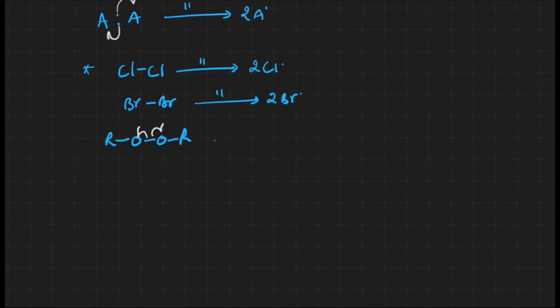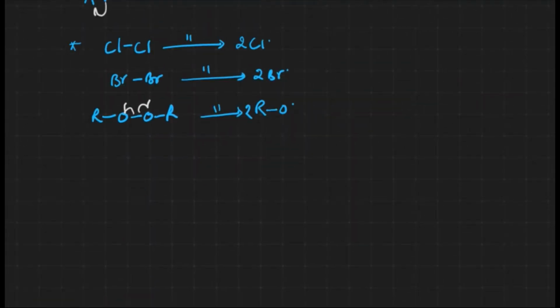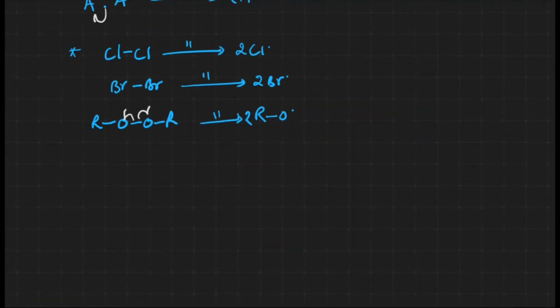It forms free radicals, 2 moles of alkoxide free radical. Let us take ethane. Here also it's a symmetrical molecule. Symmetrical cleavage takes place and methyl radical formation takes place.